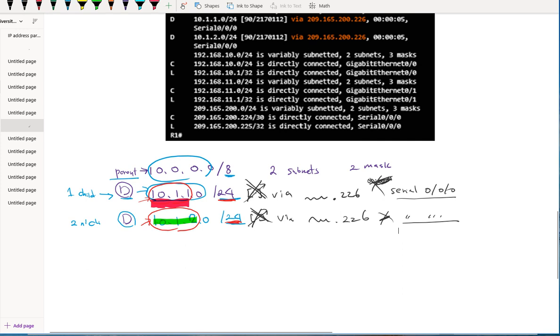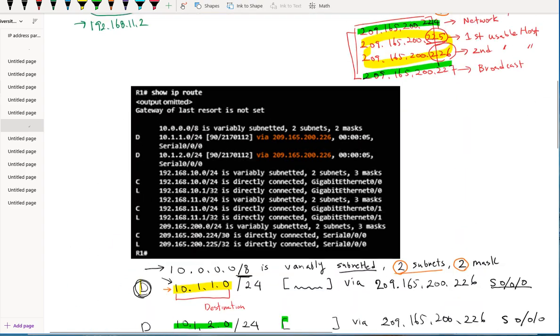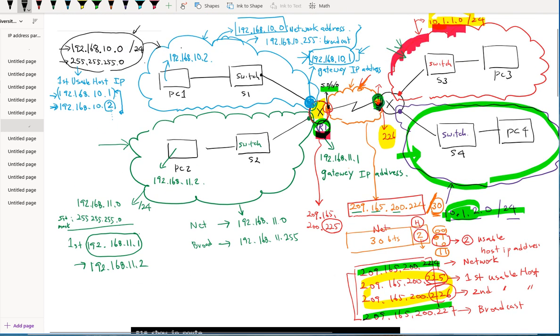Okay, now that's a D, right? So basically it says that if you look at R1, to reach this red network and this green network, you have to go through this 226 interface. And you know what? This is serial 0/0/0. So you have to go through this serial line, and this is the next hop IP address.